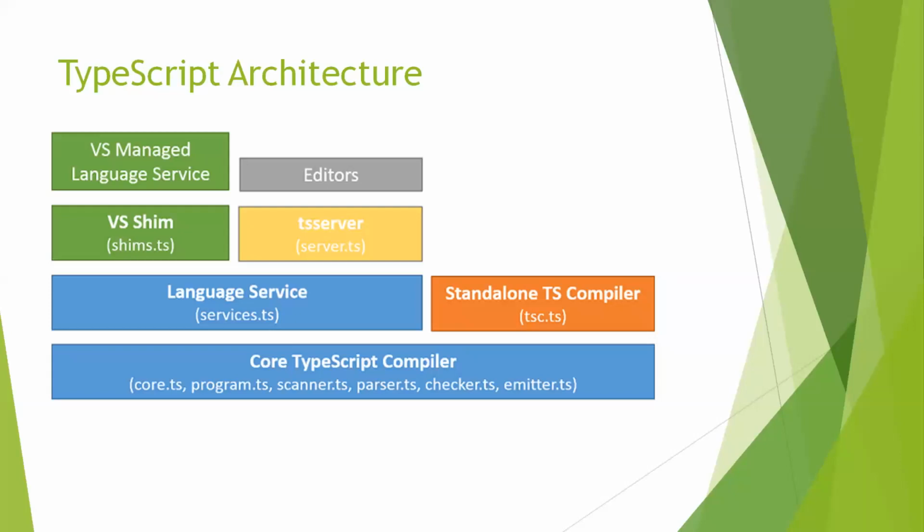Loading the TypeScript programs, compiling, processing, executing, everything is done on the TypeScript server. And translating the code into understandable code for all platforms is done by shims. And the service which is understandable to every operating system is called the managed language service, right? This is the basic architecture of TypeScript we discussed.